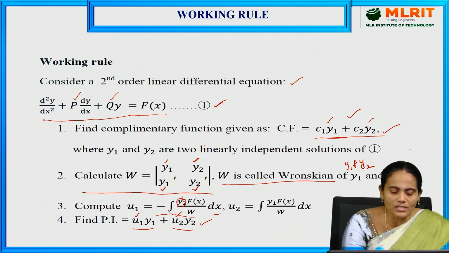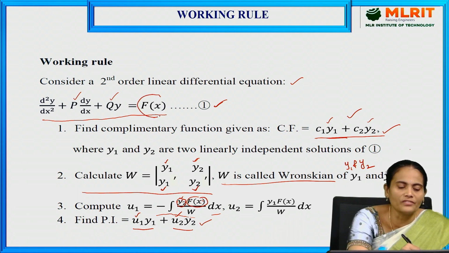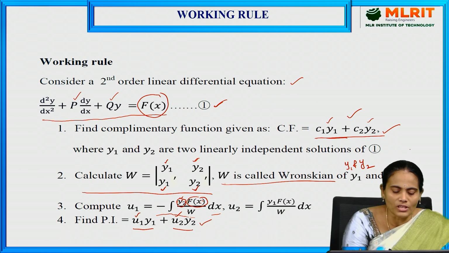And f of x we are taking from the given differential equation. W is the Wronskian, the determinant of y1, y2, y1 dash and y2 dash.